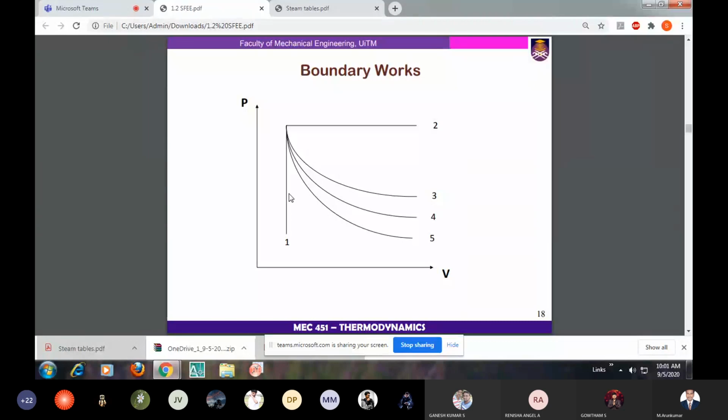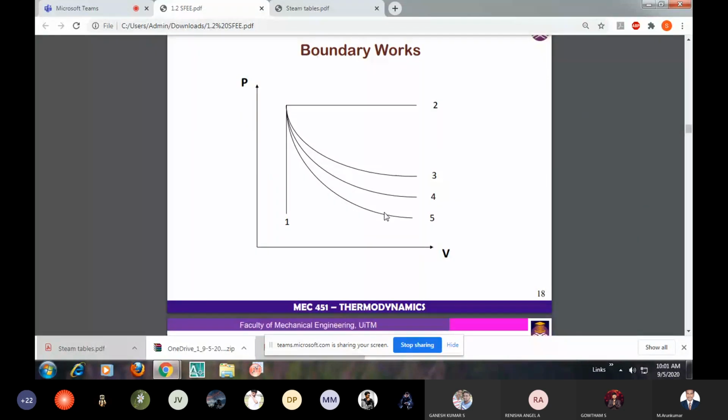Constant volume process. Graph 2 will give you the isobaric process, that is constant pressure process. Then this 3 is the isothermal process. You know, PV is equal to constant. Then this 4 will give you a polytropic process, that is PV power n is equal to constant. Right. Then this 5 will be adiabatic process.